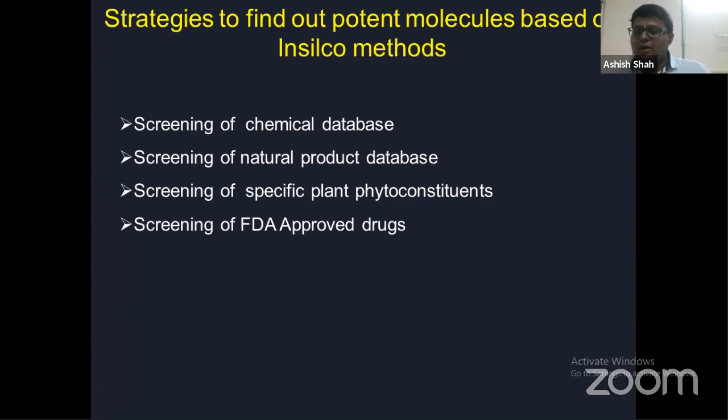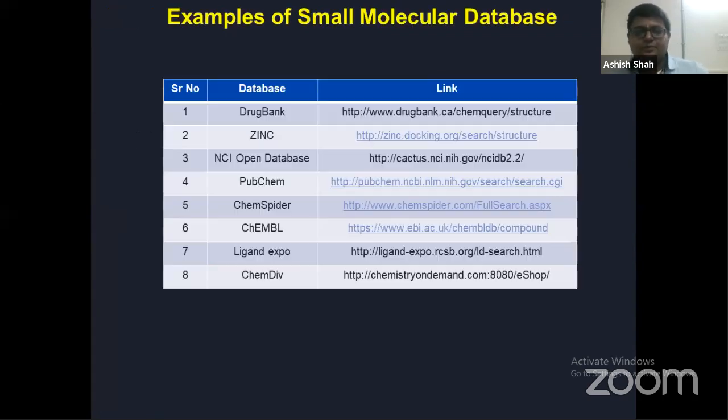Based on this, you may end up with a novel compound which has good binding affinity in silico. Then you can also screen FDA drugs. So these are some approaches. Suppose you are thinking about doing research on COVID-19, then these are some clues you can follow if you want to do research using in silico methods.